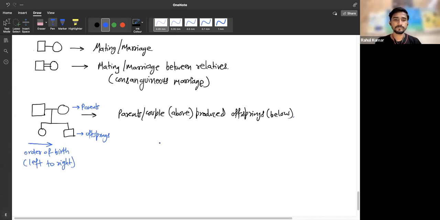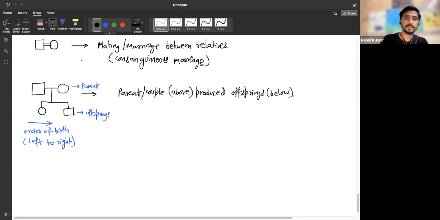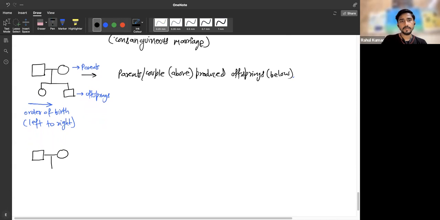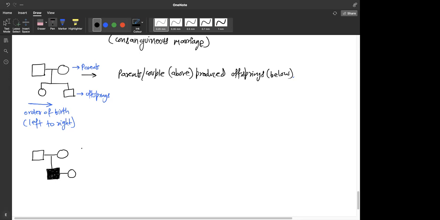Very good. Let me ask you one more thing. If I make a pedigree like this, and this is colored, what does this mean? They have a diseased son.